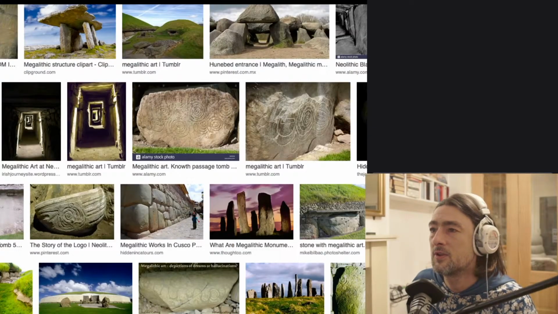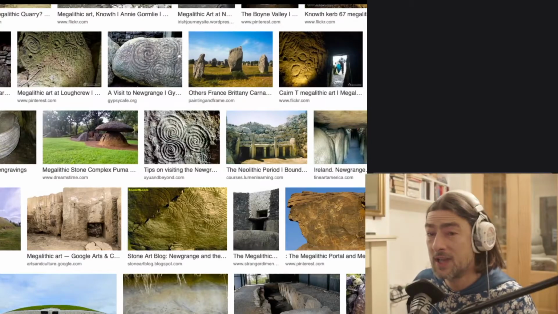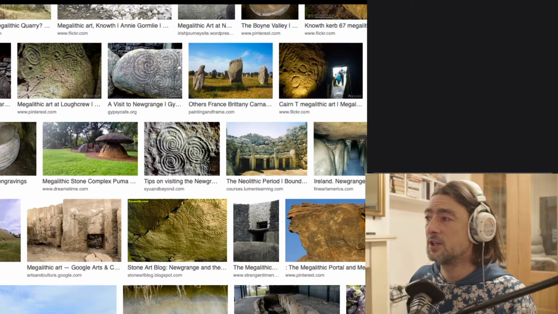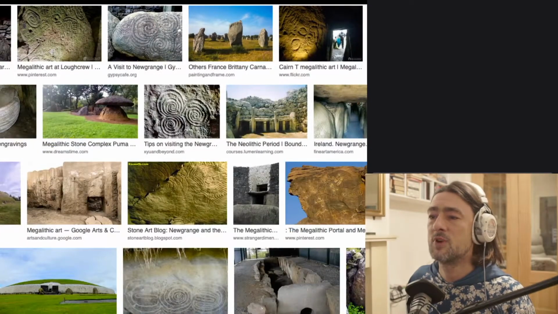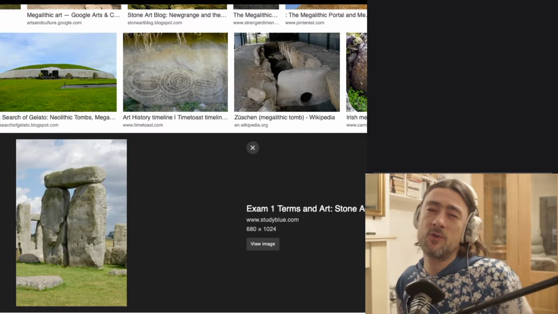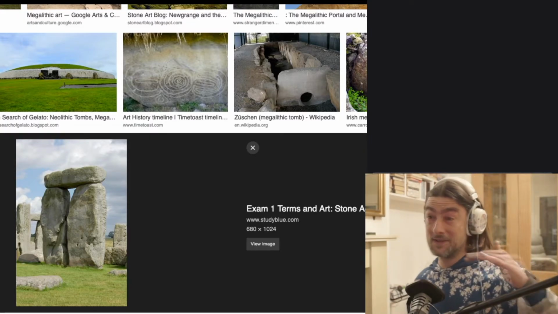Stonehenge, those sort of things. Old. Counts as art, definitely counts as art. Sculpture, maybe, yeah. Design, yeah. Architecture, yeah. But art, or maybe it wasn't, maybe it was purely functional. I don't know. But interesting, isn't it?